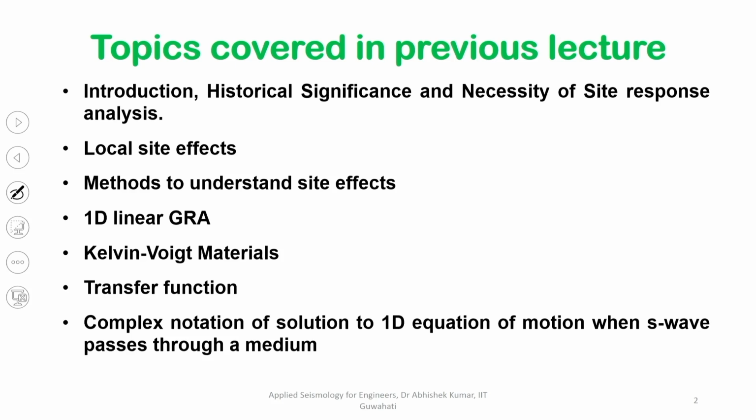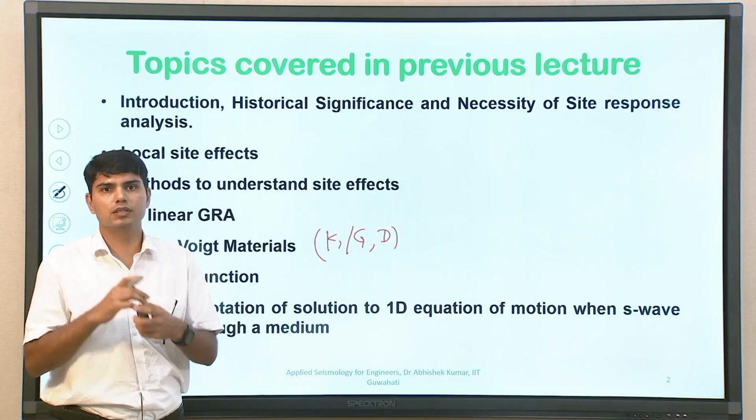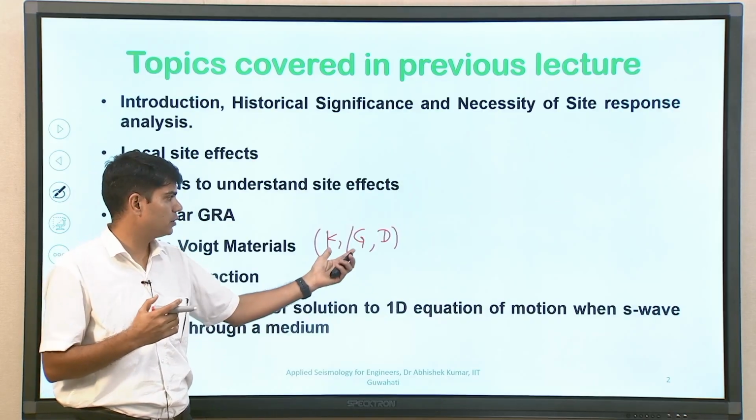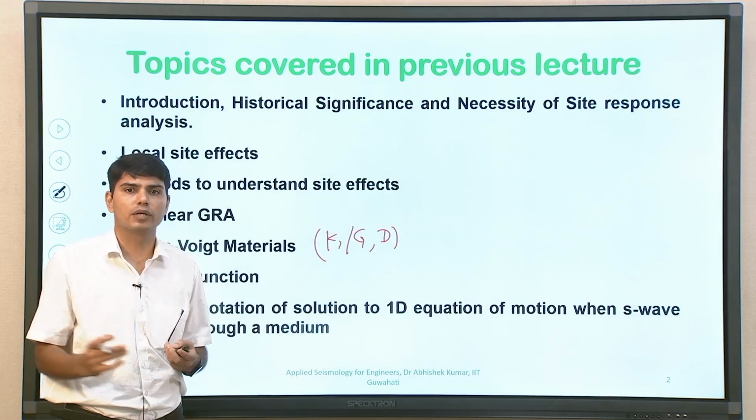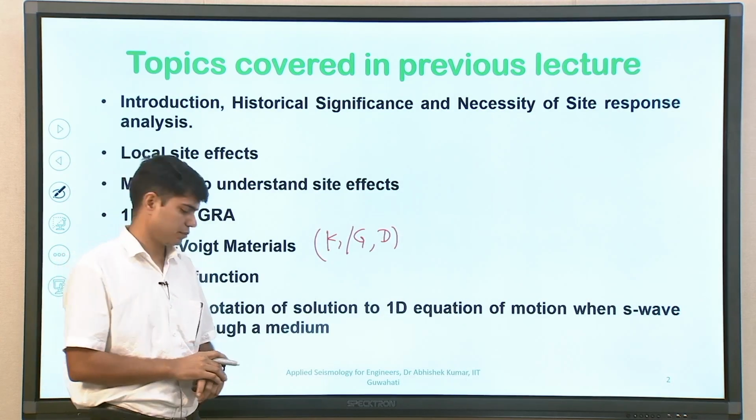We also discussed that a particular medium will offer resistance in terms of stiffness, or you can say shear modulus, because we will be talking about elastic material, as well as the damping ratio, which was indicated by D. These are the two properties of the medium based on which the material will offer resistance to loading, to deformation, when external loading is applied to the material.